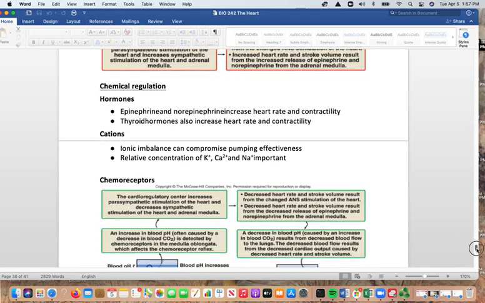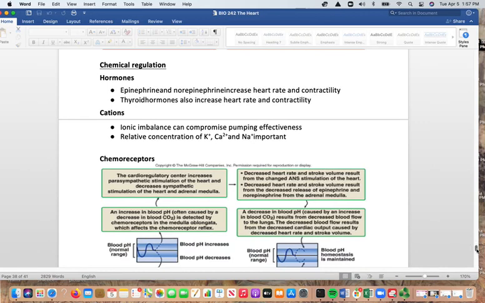So, chemical regulation. Hormones can affect this: epinephrine and norepinephrine increase the heart rate and contractility. Thyroid hormones will also increase the heart rate and contractility. When we look at your cations, an ionic imbalance can interfere with the heart's effectiveness, so you're looking at the relative concentrations of potassium, calcium, and sodium.